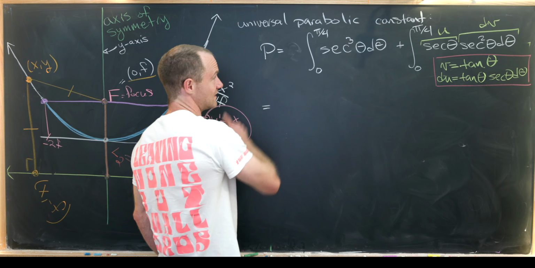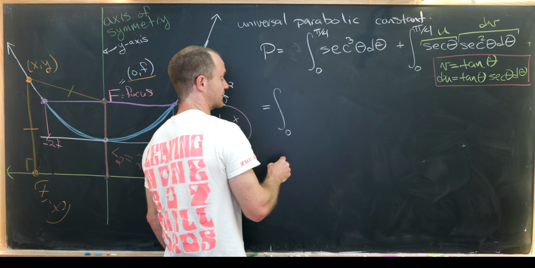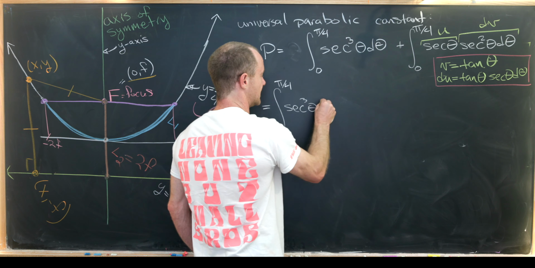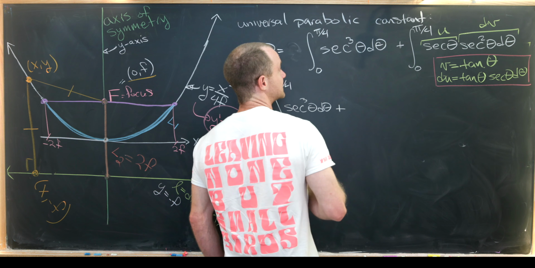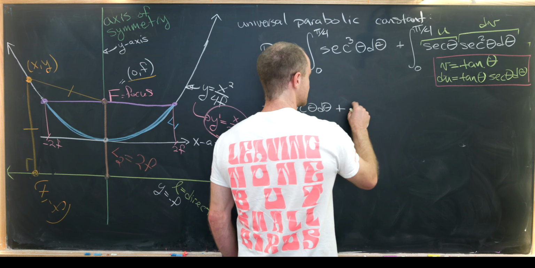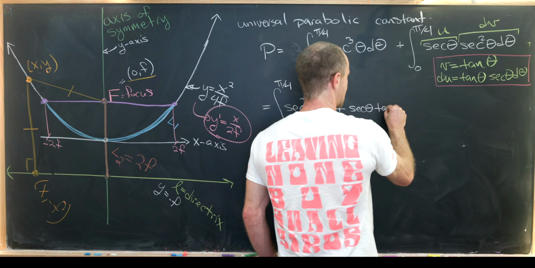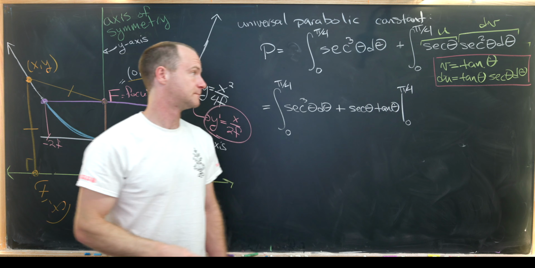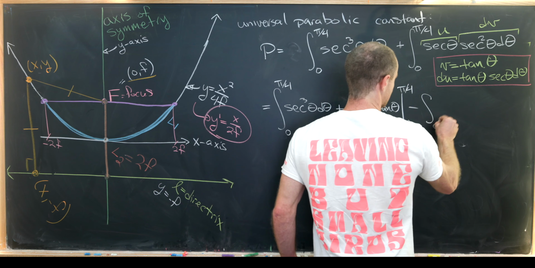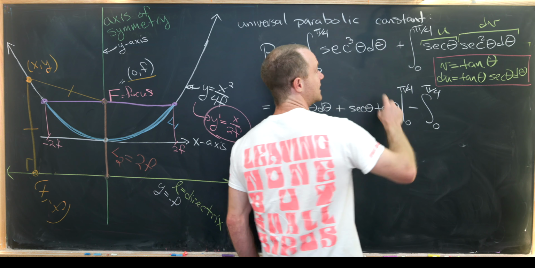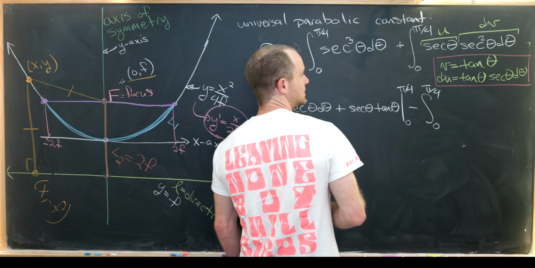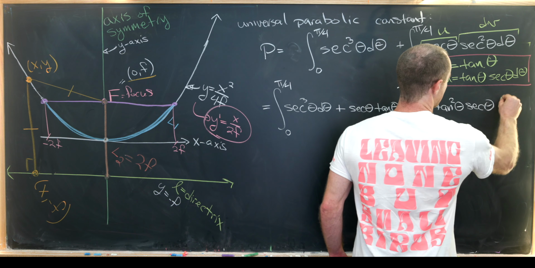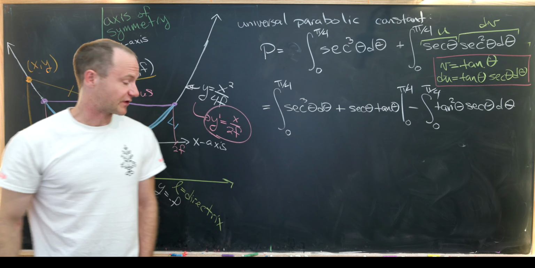So we can rewrite this whole thing without changing our first integral, so 0 to pi over 4 secant cubed theta d theta, plus, like I said, u times v, so that'll be secant theta tangent theta evaluated from 0 to pi over 4, and then minus the integral from 0 to pi over 4 of v du. So let's see, that's going to be tangent squared theta secant theta d theta. So we're left with something like that.